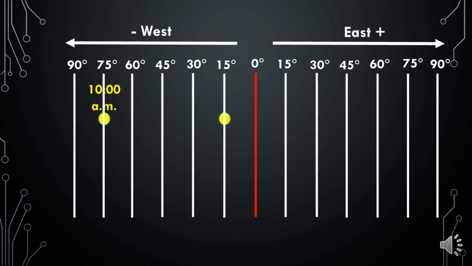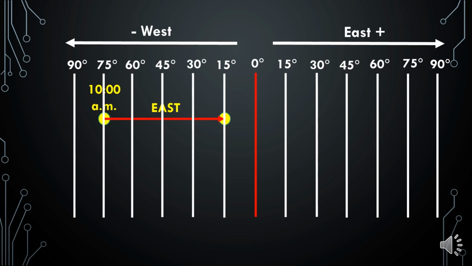So here on our diagram, we have the time being 10 o'clock at 75 degrees west. And we need to know the time at 15 degrees west, because 15 degrees west is located east of 75 degrees west. We will add our difference in time in order to find out what time it is at 15 degrees west, because 15 degrees west is east of 75 degrees west.